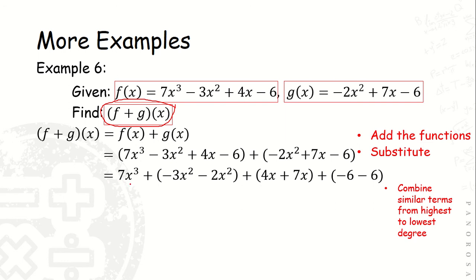There are no similar terms with x cubed, so we'll just copy 7x cubed. Negative 3x squared, copy. And then we have positive times negative, we have negative 2x squared. And then copy 4x. And then we have positive times positive, 7x. Copy negative 6. And then positive times negative, negative 6.